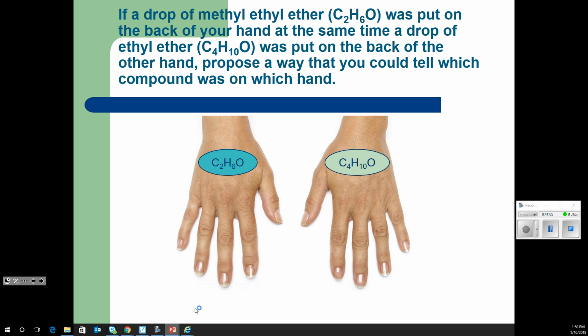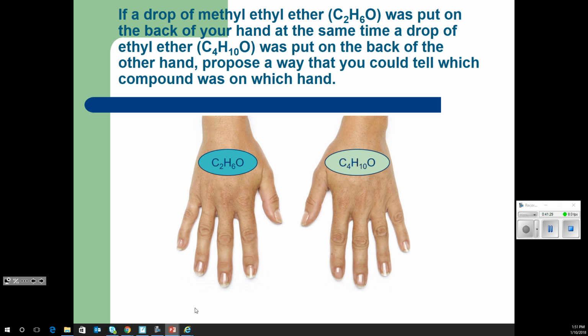Here's two sets of chemicals that if you put on your hand, they're both alcohols. One is ethyl alcohol and the other one is butyl alcohol. If I put those on my hands, if somebody didn't tell me which one was which, how could I tell which one was which? The heat difference. Which one would be colder? Would the green or the blue?